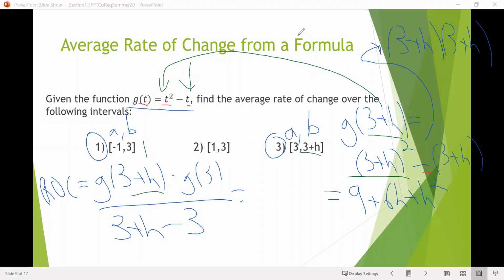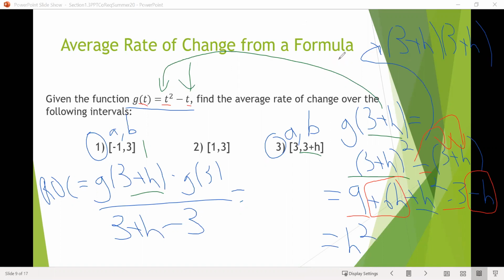And then with this minus sign here, notice that it's on the outside of our set of parentheses, so we need to actually distribute it through here. So it'll give us a minus 3 and a minus h. Notice when we do that, we end up with some like terms here. So I see the 9 and the minus 3 are like terms. The plus 6h and the minus h are like terms. So if we combine those, we'll end up with the h squared, didn't have any friends.